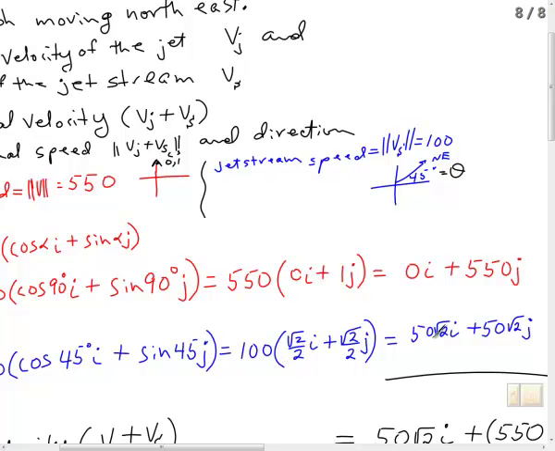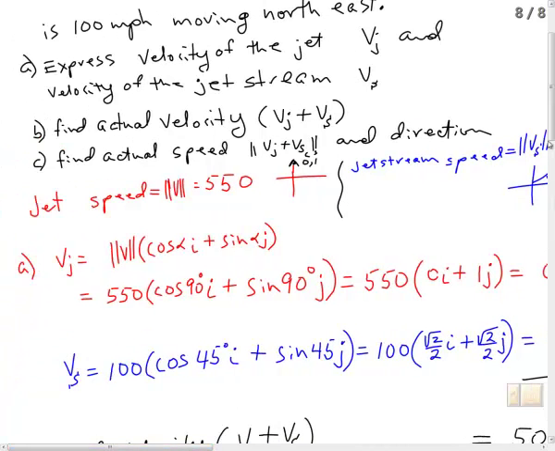So we simplify that. And then 2 again, cancel on 50, that's 100, and that's 50 also. So this would be 50 square root 2 i plus 50 square root 2 j. And so we have our vector for our jet stream, and we have our vector for our jet.